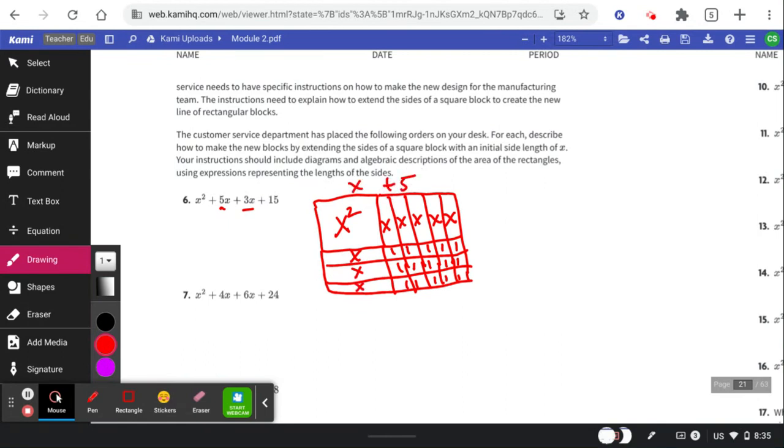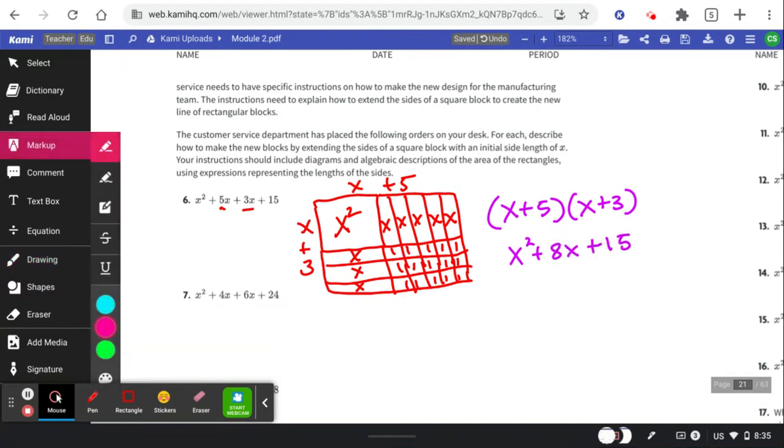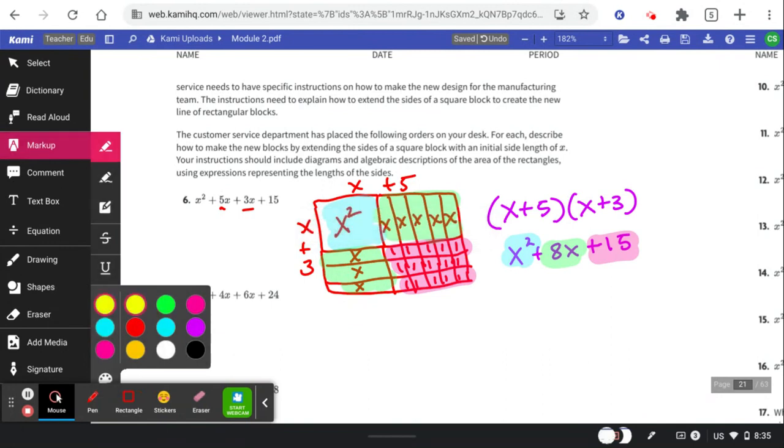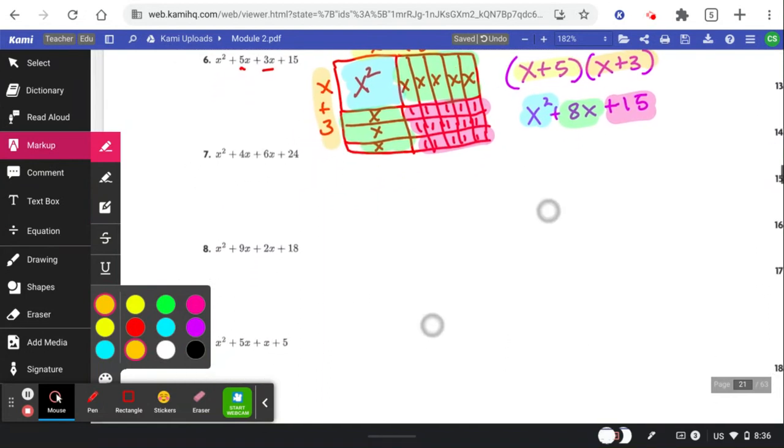So here's my extended by 5, here's my extended by 3. Pause the video and go try these other ones, and then let's check to see how you did.